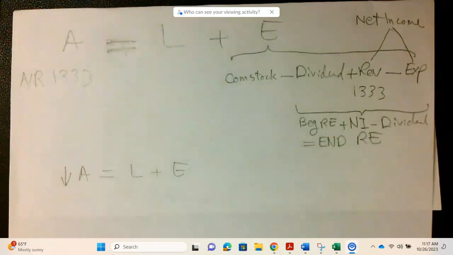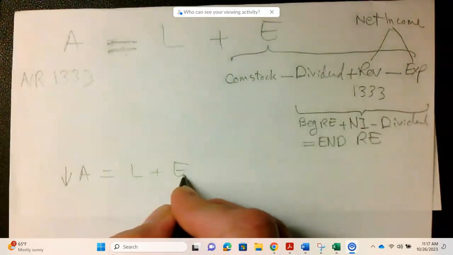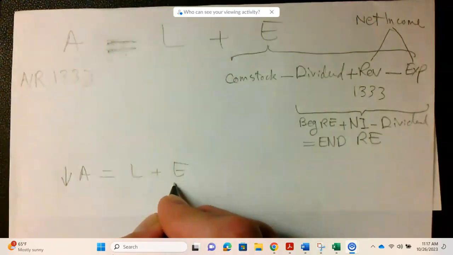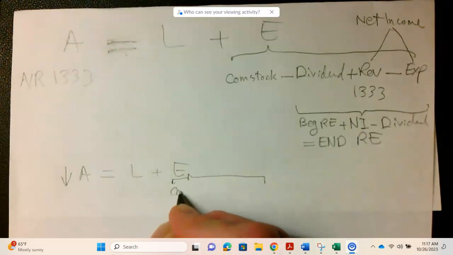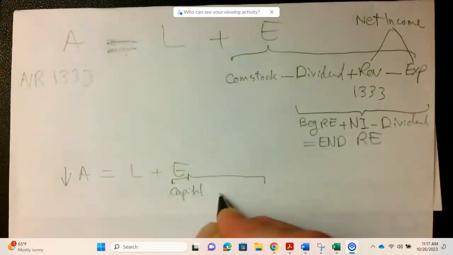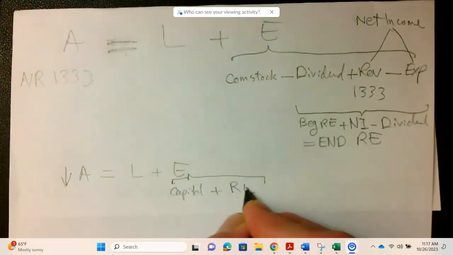In the equity, we have capital plus retained earning.